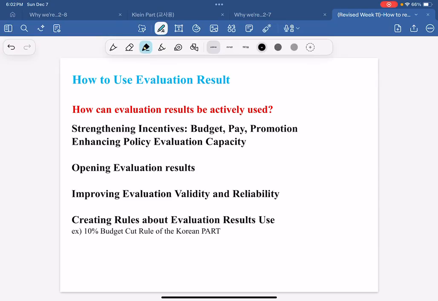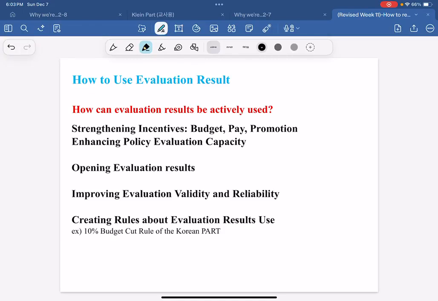Then the last one is mandatory. If the government creates rules about evaluation result use, evaluation results can be used mandatorily. In the past, the Ministry of Economy and Finance created rules to activate evaluation result use.